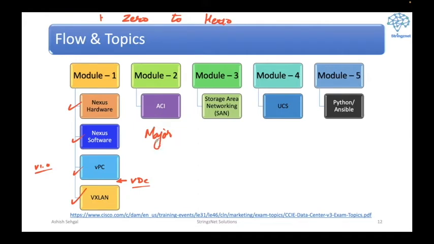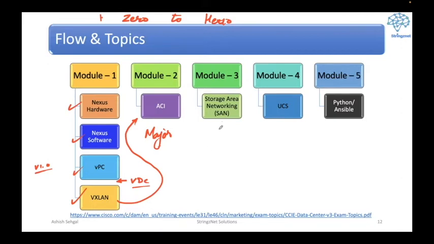The simple reason is that this particular module should be covered immediately after VXLAN, because the VXLAN understanding is applied in ACI as well. So that's the reason we immediately start ACI. I will be giving you details of each and every module soon.